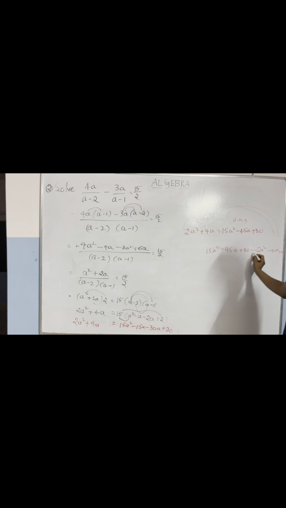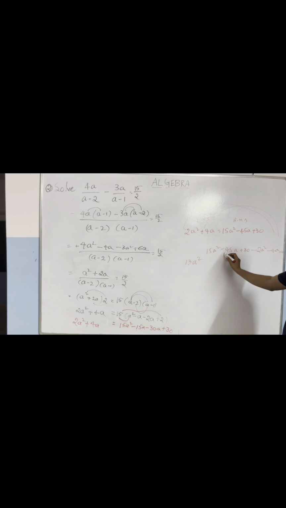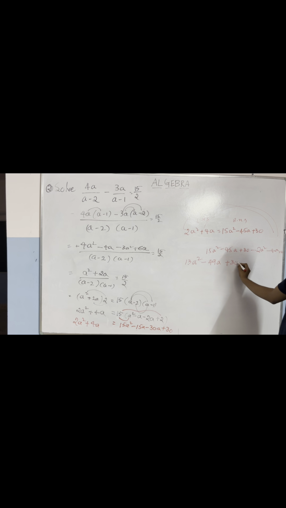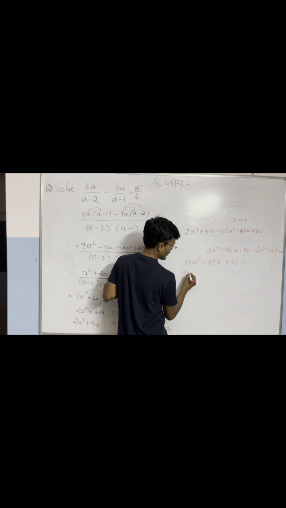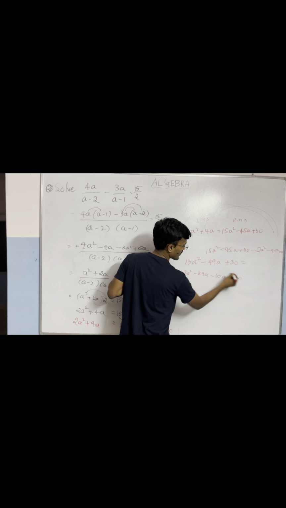So 15a square minus 2a square is 13a square, and minus 45a minus 4a is minus 49a, plus 30. Now splitting the middle term: 13a square minus 39a minus 10a plus 30.